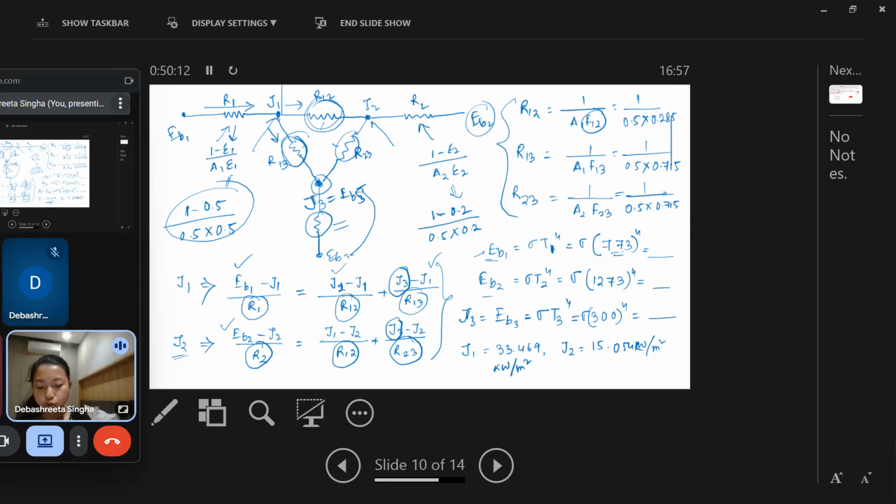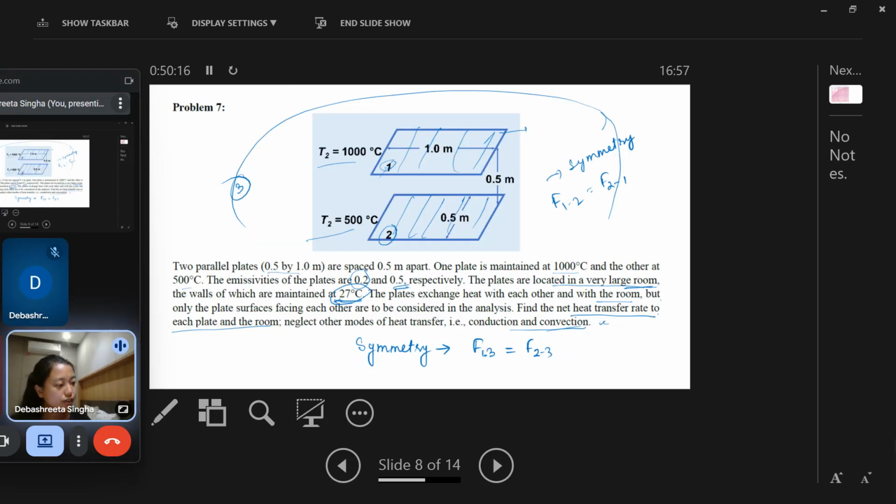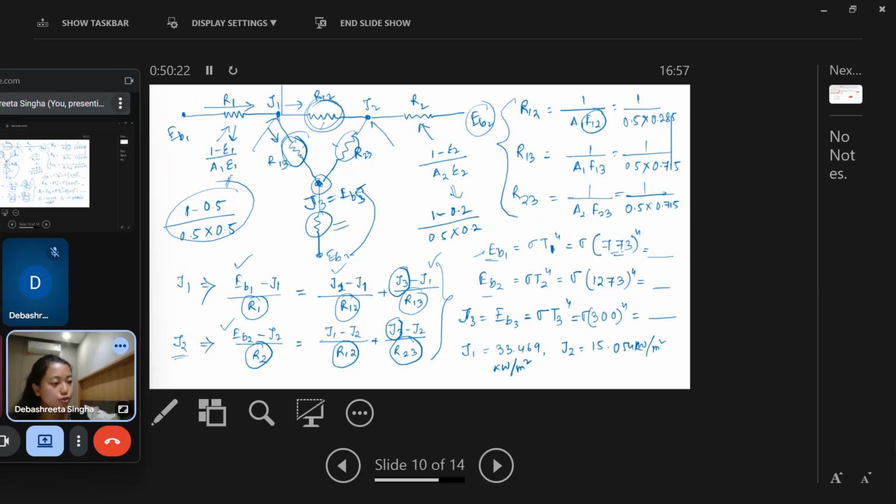Now, so total loss by plate 1. What they have asked is the net heat transfer rate to each plate and the room. So we have to find out Q1, Q2, and Q3.